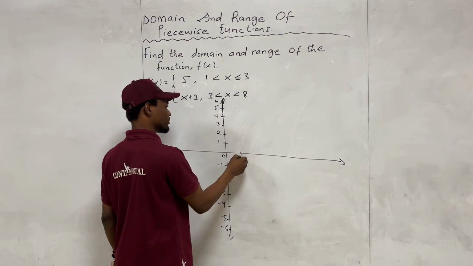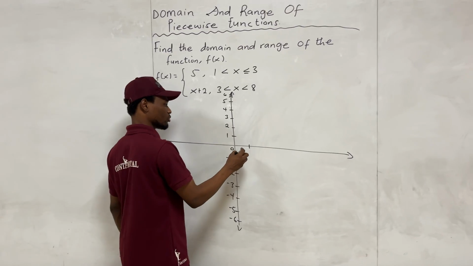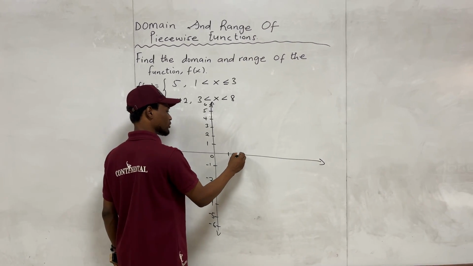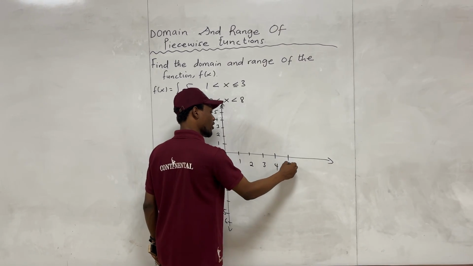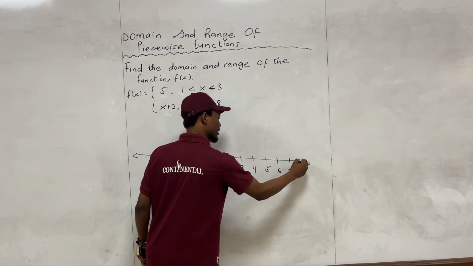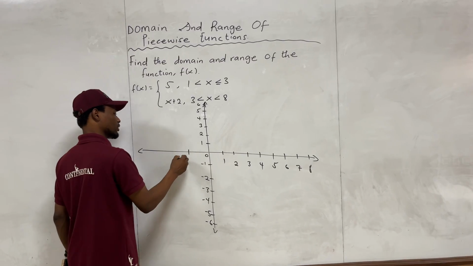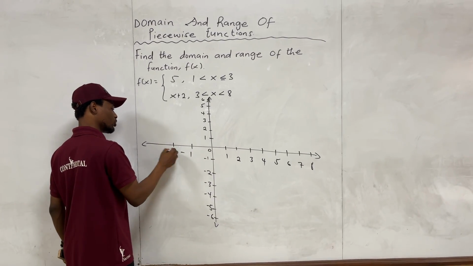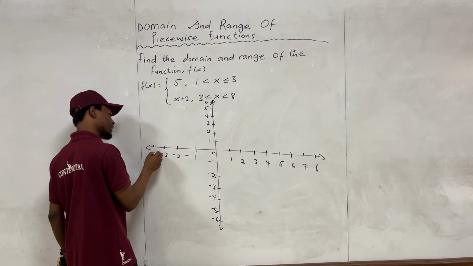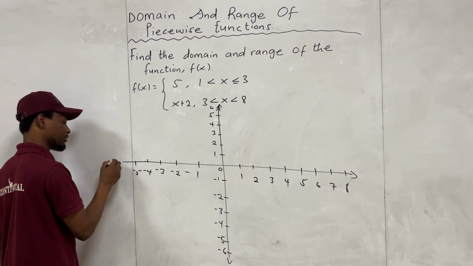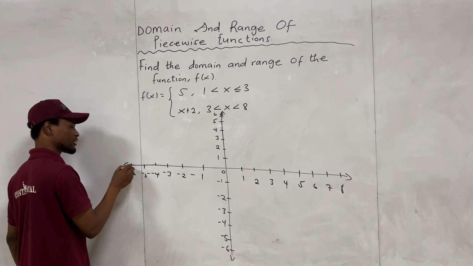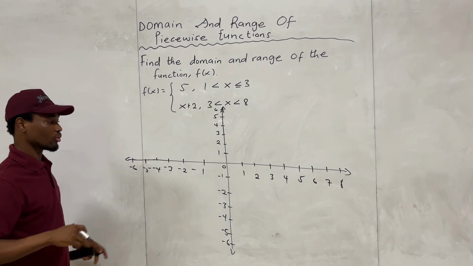Then I have 1, 2, 3, 4, 5, 6, 7, 8 on the vertical axis, and -1, -2, -3, -4, -5, -6, and what have you.